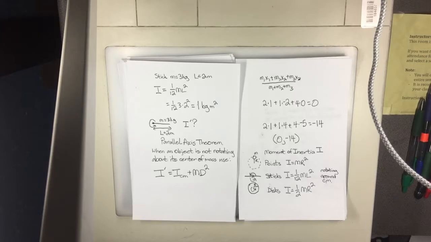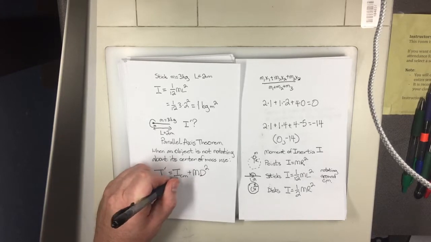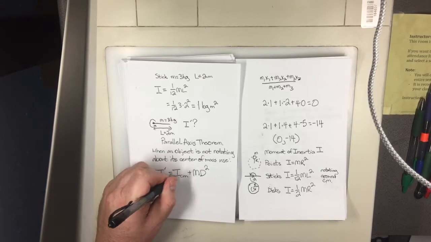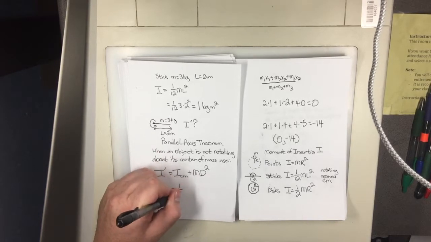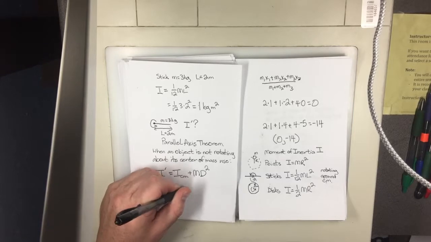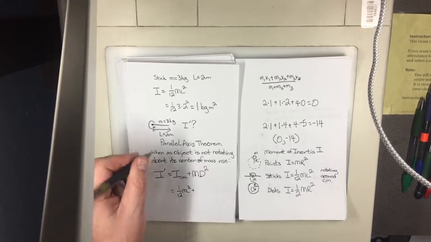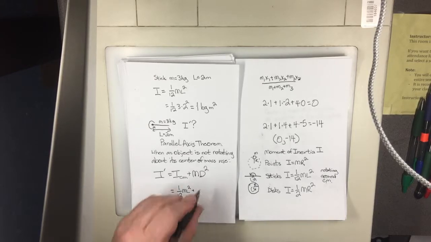So for this stick, the new moment of inertia is its regular moment of inertia about its center of mass plus md squared. So this moment of inertia, and we're going to get to all the parts, is its normal center of mass 1/12 ml squared. This m is the mass of the object that's rotating. That m is the same as that m.